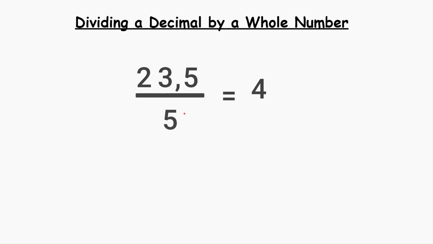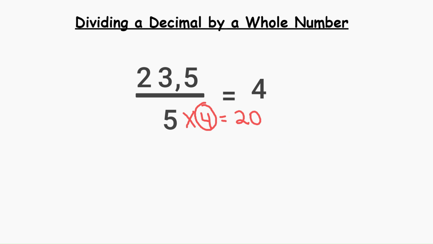So remember your multiplication tables and ask yourself, what number can you multiply 5 by to get as close to 23 as possible? Well, 5 times 4 equals 20, and that's pretty close to 23. As a matter of fact, that's as close as you can get. So that's how we know 4 is our answer.